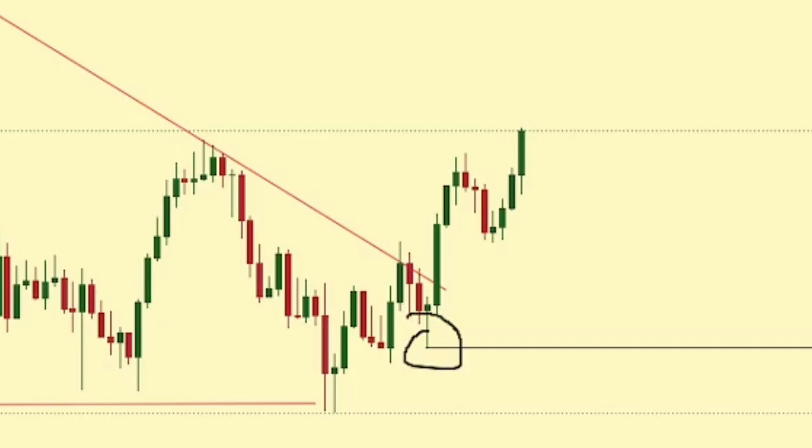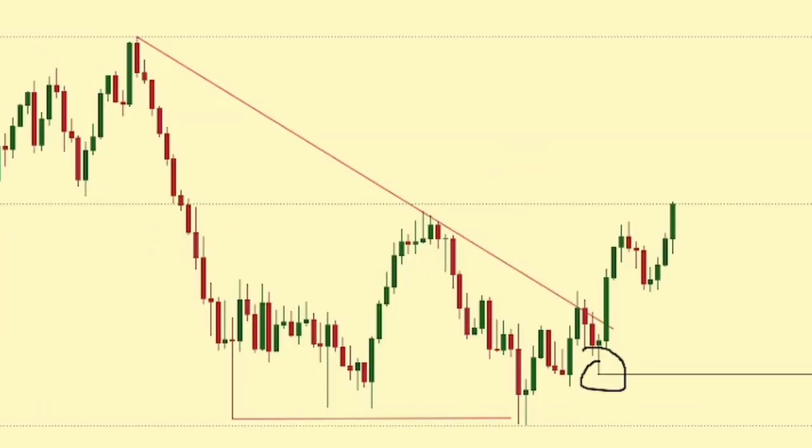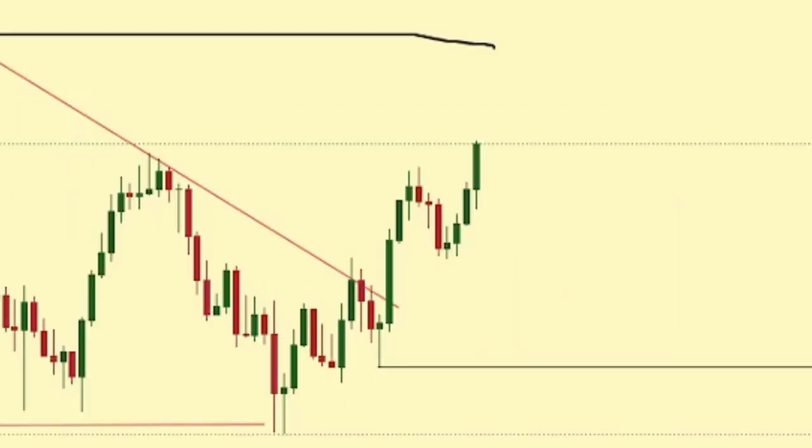If na for supply, you go draw the distal line for the highest wick of the base. This line na place where price suppose no break if the zone strong.